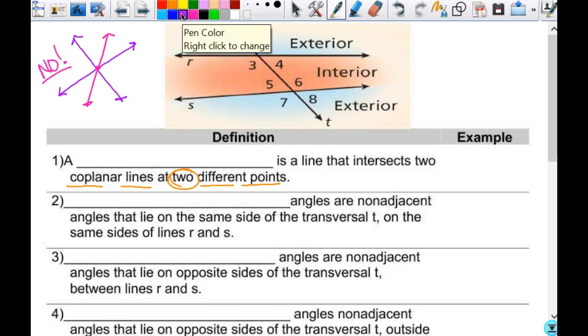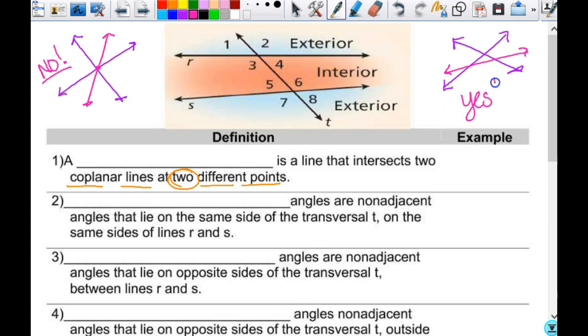But if I have this, okay, so here are my two lines. And then if my pink line goes through like this, my pink line intersects the two purple lines, but does that intersect at two different points? Yes. Okay. So this works. It is possible for those two purple lines, or what represents the purple lines, to be parallel.